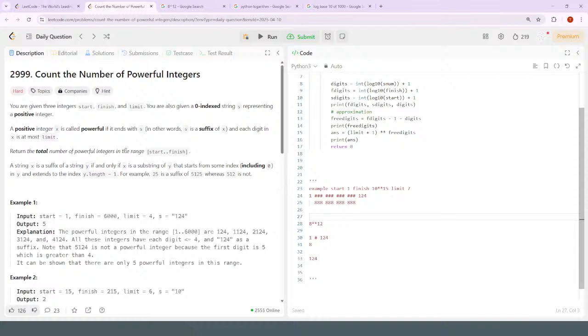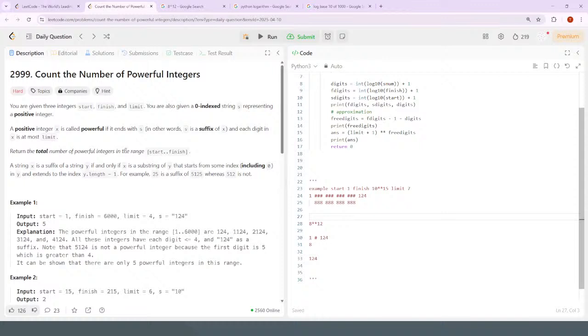So you have a starting value. The starting value. The total number of powerful integers in the range from start to finish.